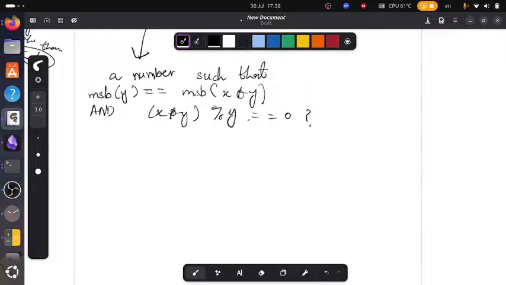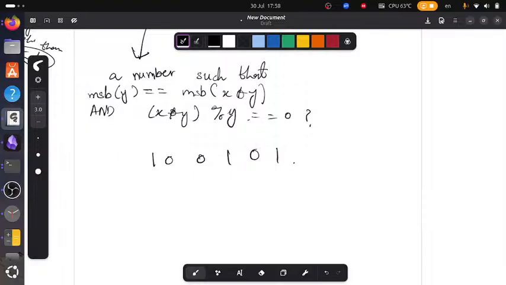So when is a number divisible? When is one number a factor of another number? If we are talking in terms of binary, how do we devise that? So let's say I have something like 1 0 0 1 0 1.